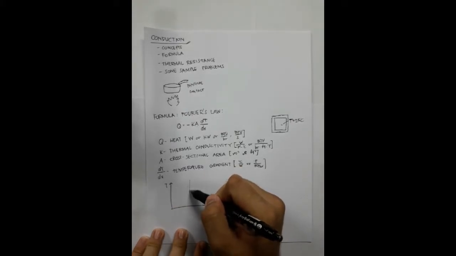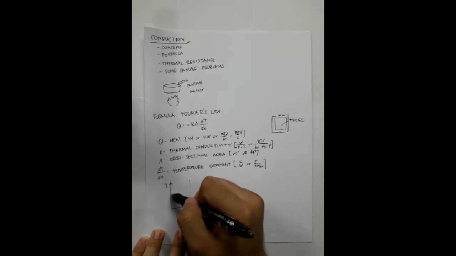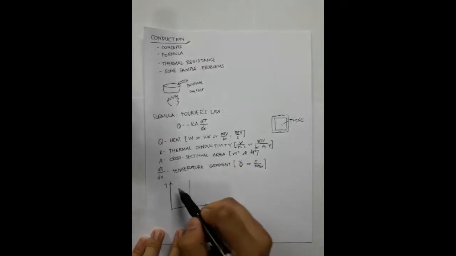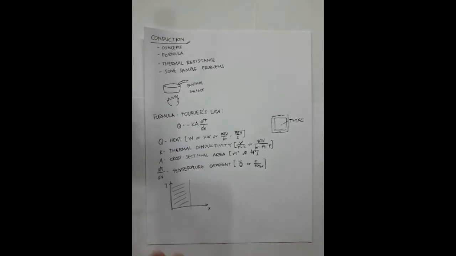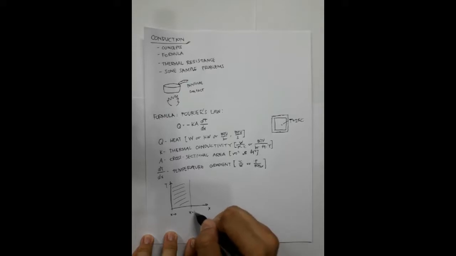Tapos maglagay tayo isang line dito, isang line dito. For example, ito yung object natin or ito yung wall na pinag-uusapan natin. So, from the origin, ang x natin, of course, equals 0. From this point, ang x natin is equals to a certain length, sabihin natin L.